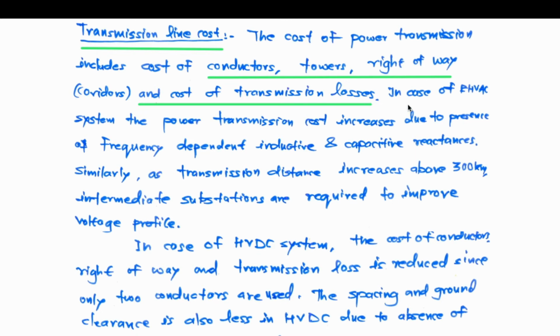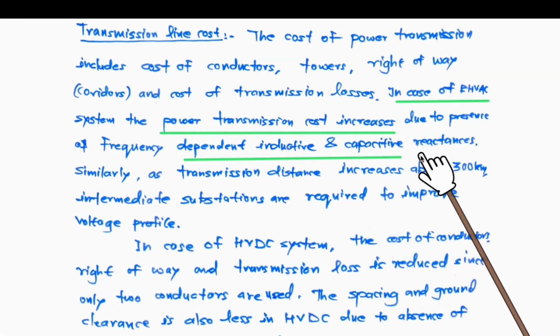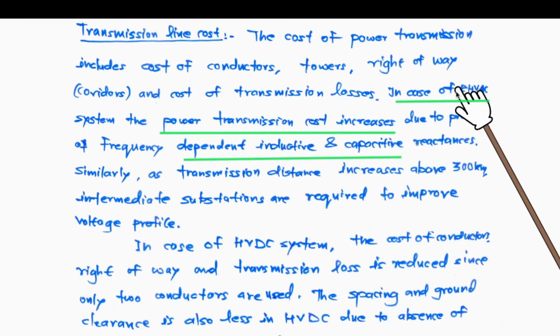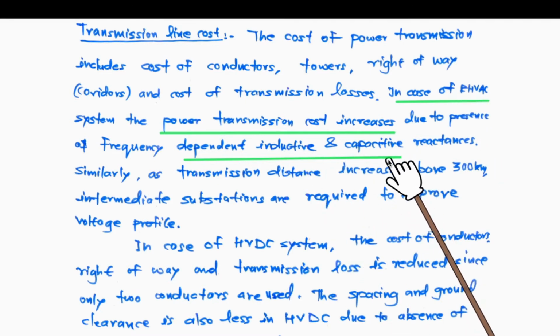In case of an EHV-AC power system, the transmission cost increases linearly, mainly because of its dependence on inductance and capacitance. As the distance increases, the line inductance and capacitance are bound to increase.